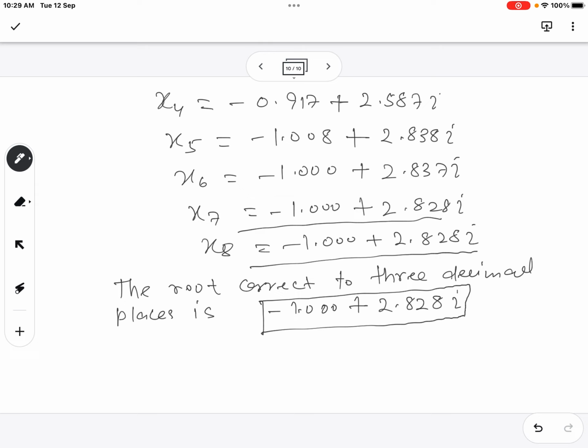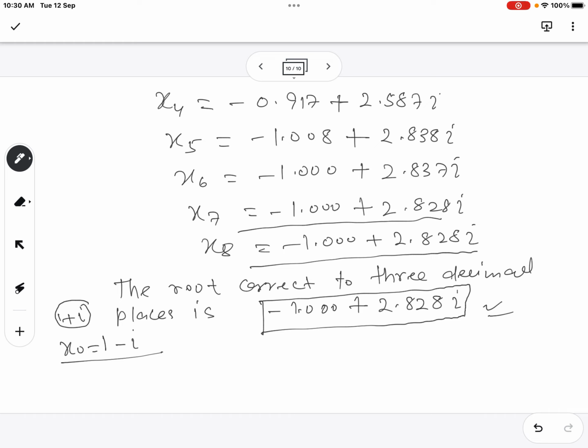Another complex root is its complex conjugate, and in order to obtain that, we can start with the initial approximation x naught equal to 1 minus i. Why have we chosen 1 minus i? Because it is the complex conjugate of 1 plus i. So if I start with this initial approximation, I shall be able to find its complex conjugate, and that will be another root of the given equation.